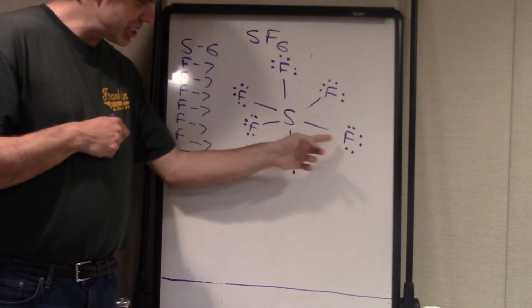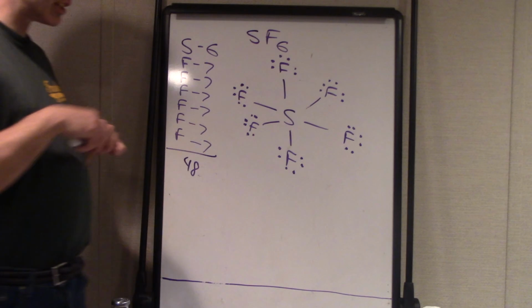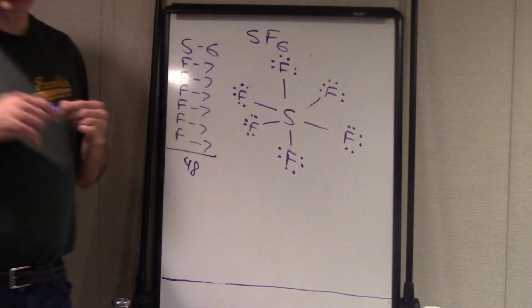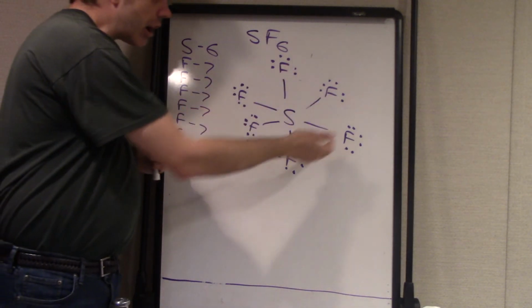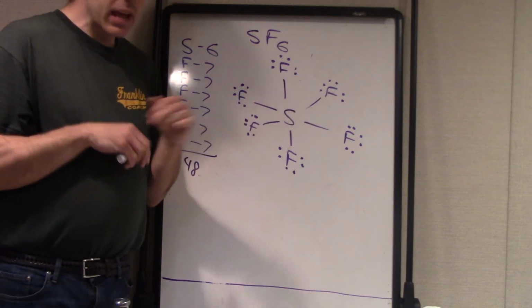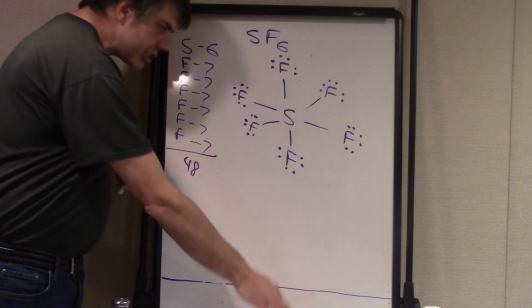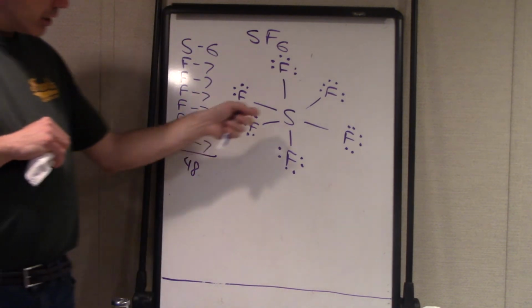The only way I'm going to get 6 things bonded to the sulfur is if each bond has 2 electrons, so I'm going to be over 8 electrons real quickly. There's no other way I could have this molecule be except having that expanded octet on the sulfur.